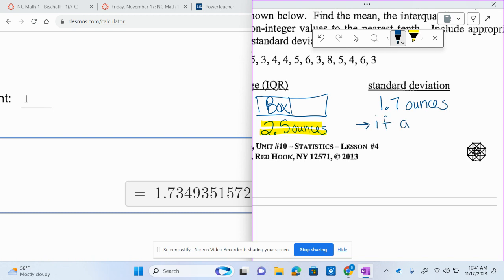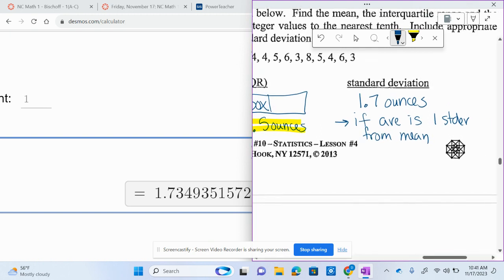If the average is 1 standard deviation from the mean, that's how we say it. It means that we take our mean weight and add the 1.7 ounces, and we take our mean weight and subtract the 1.7 ounces.